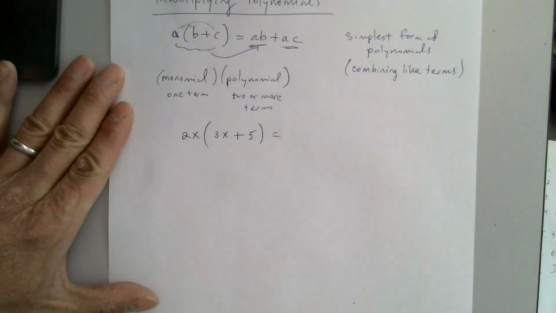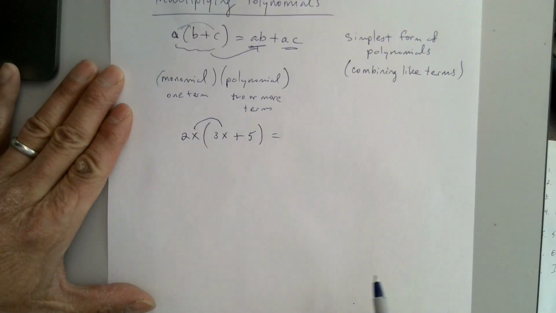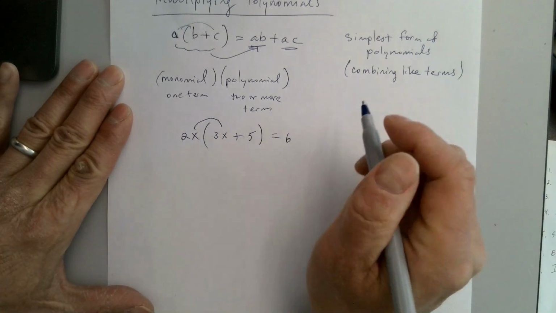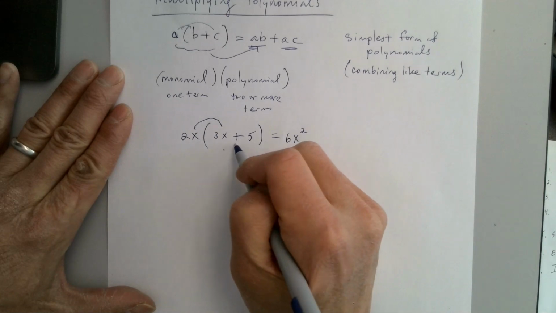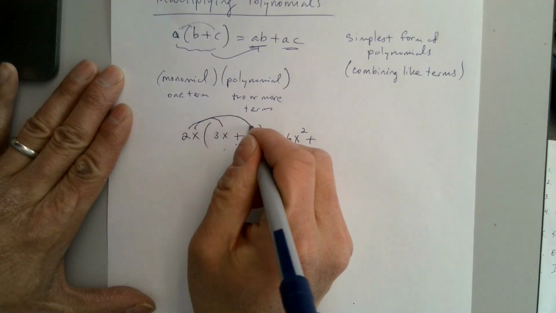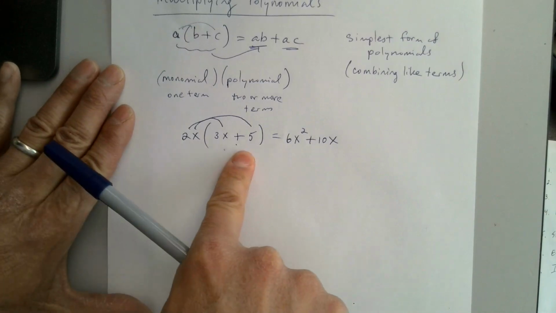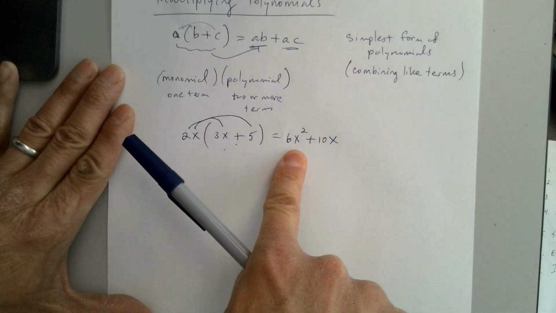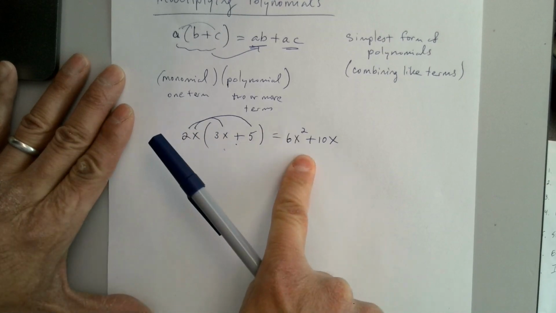So I distribute my 2x times 3x, carefully using my laws of exponents, that's 6x squared, plus the product of 2x and 5, 10x. So I've put this product into polynomial form. Monomial times binomial becomes a new binomial.